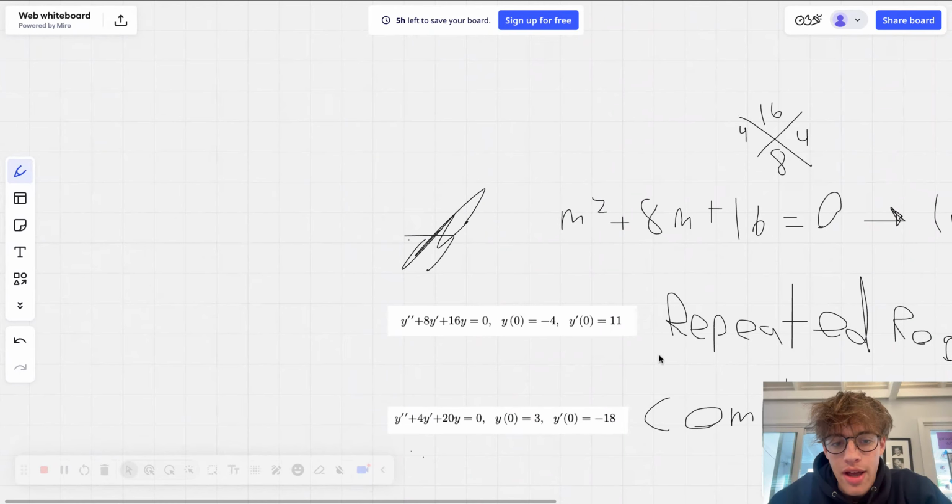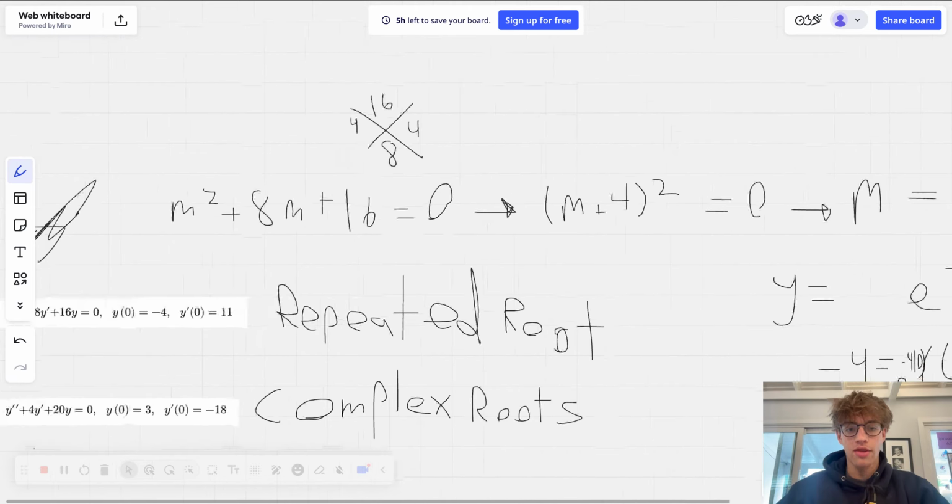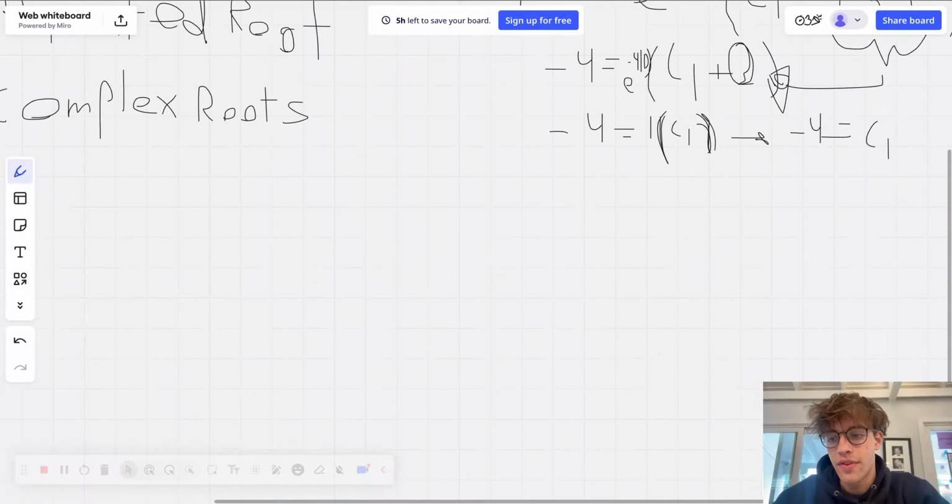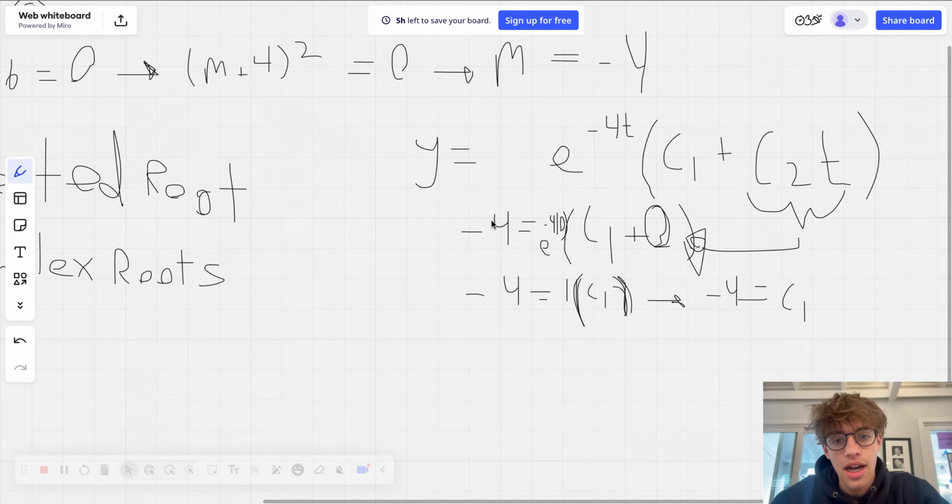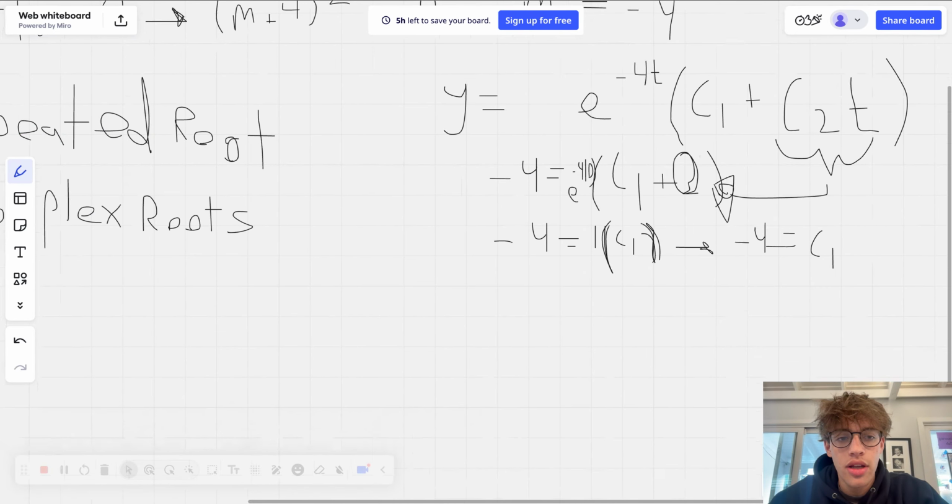Okay, now solving for C2. We have y prime of 0 equals 11. So now we have to differentiate this thing right here. We can use the product rule, so 1 prime 2, 2 prime 1.